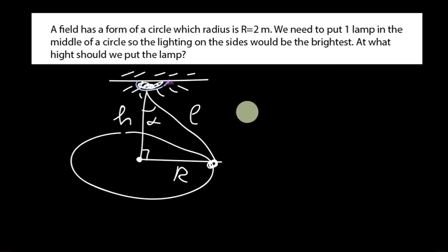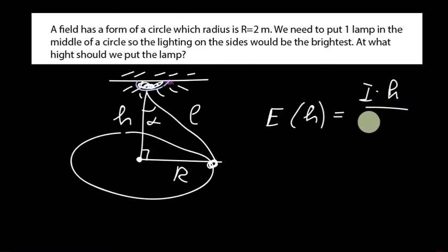After some math that is not very relevant for us in this tutorial, as we are supposed to learn about derivatives and not physics, we get that our illuminance depends on h as this.